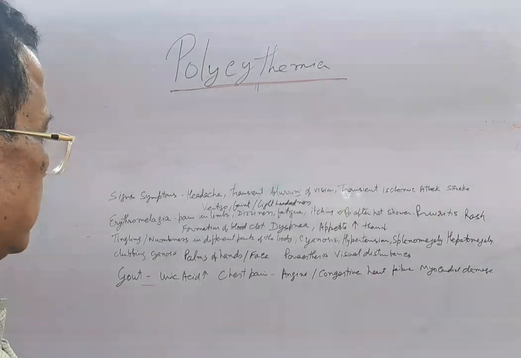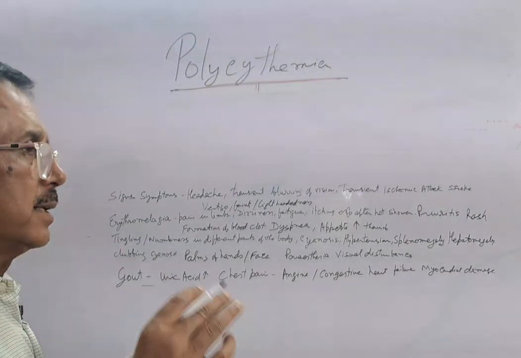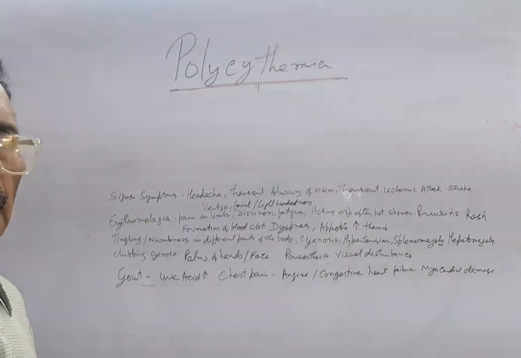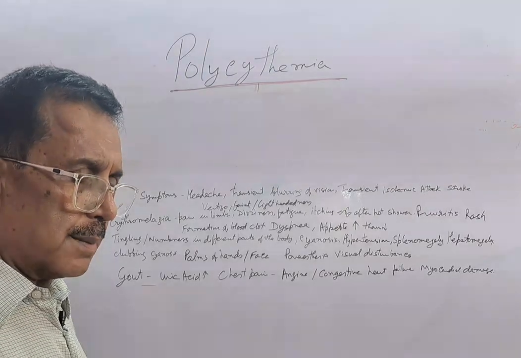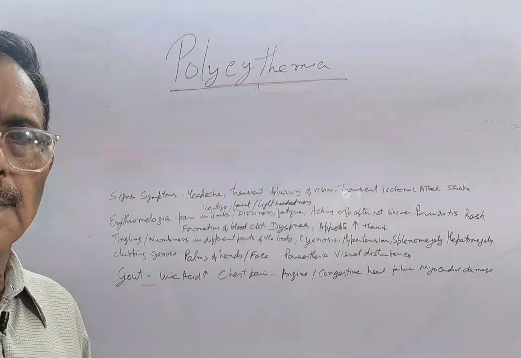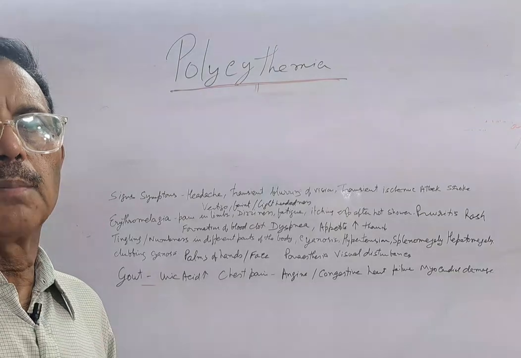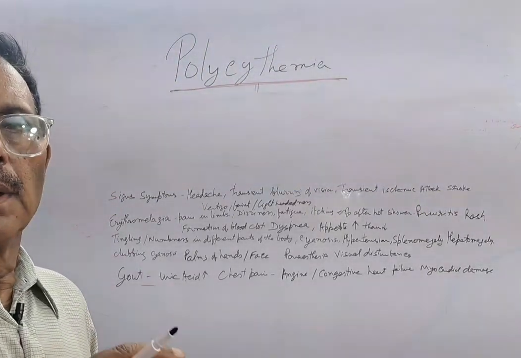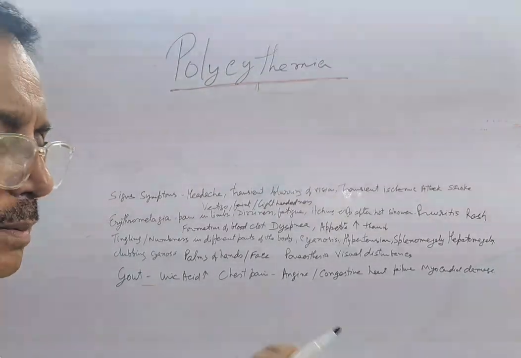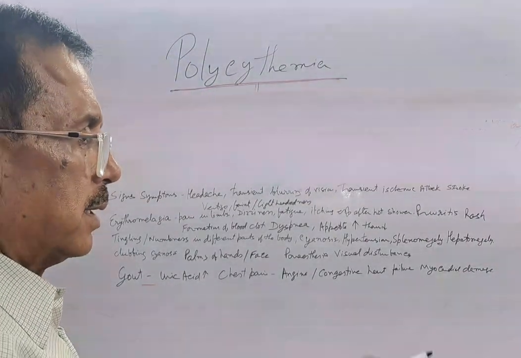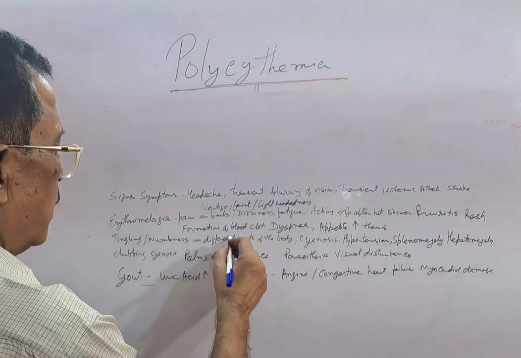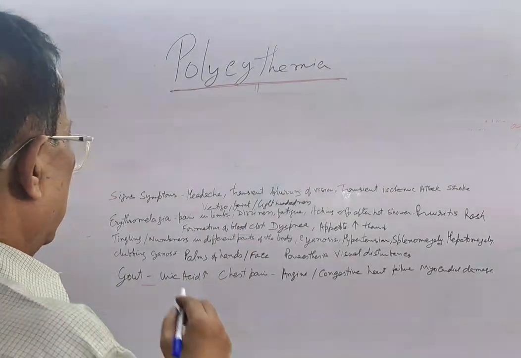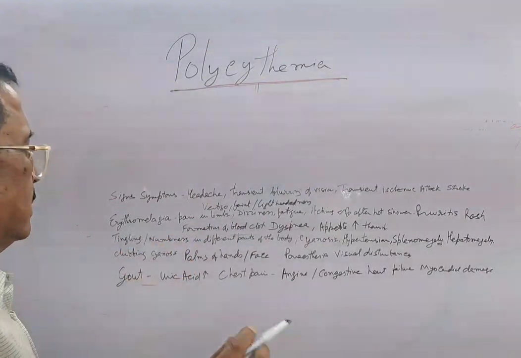These signs and symptoms are due to clotting, formation of blood clot due to excessive RBC, WBC, platelet. There is increased viscosity of blood, and that causes sluggishness of blood flow in the capillaries and in end arteries or other sites. This may block. There may be formation of blood clot. Then dizziness, fatigue, pain in limbs, erythromelalgia, etc.